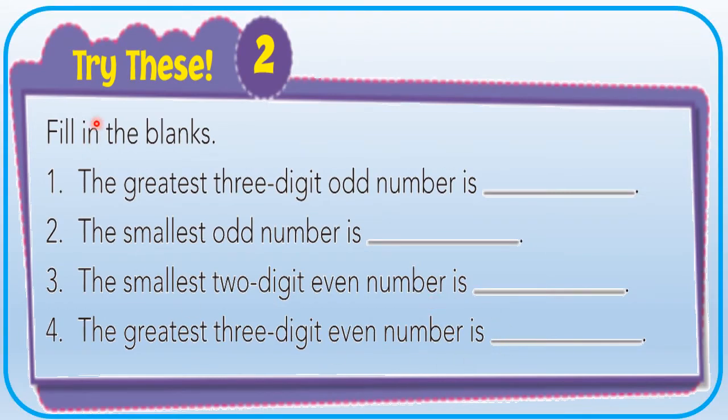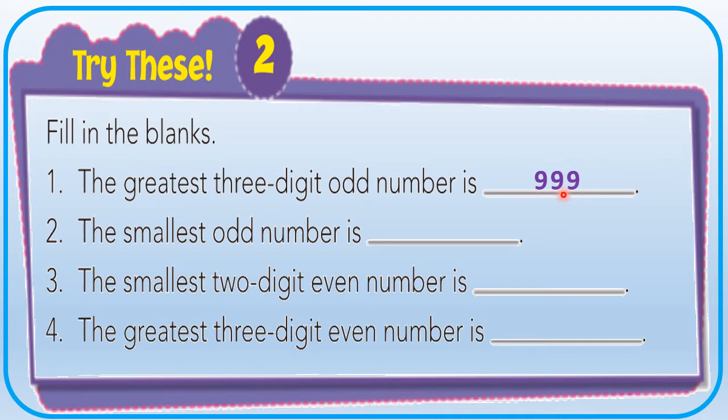Here we have Try These number 2, fill in the blanks, which are based on odd and even numbers. Number 1, the greatest 3-digit odd number is. The greatest 3-digit number is 999 and it is having 9 in ones place.